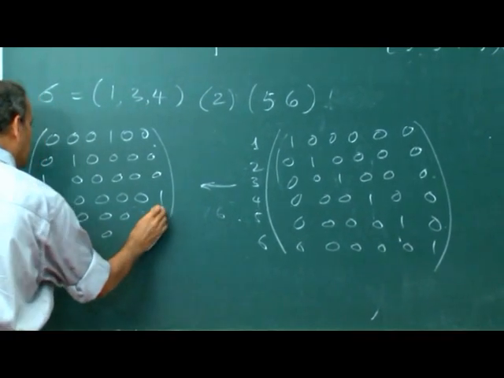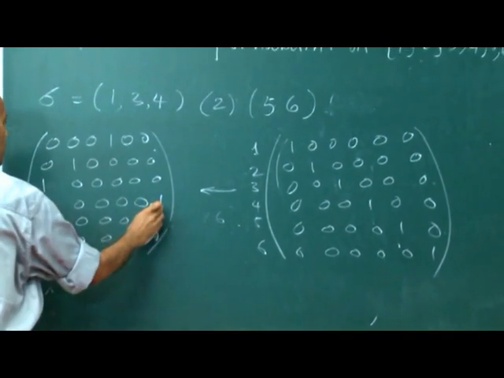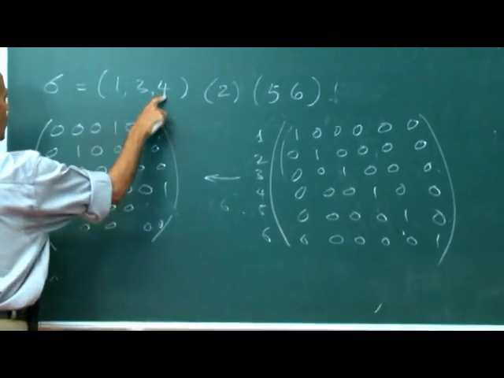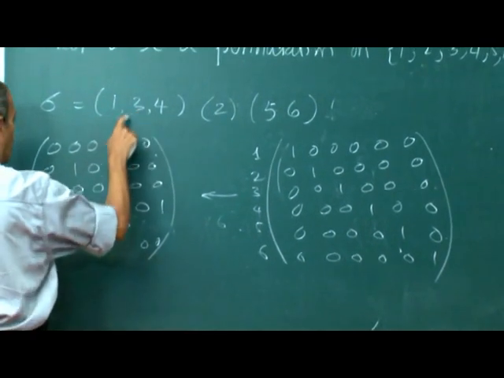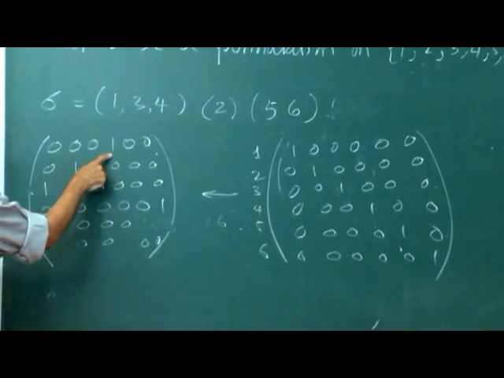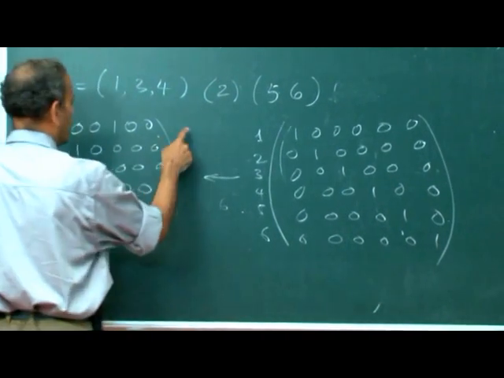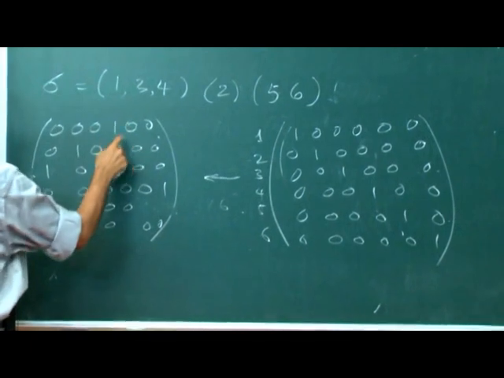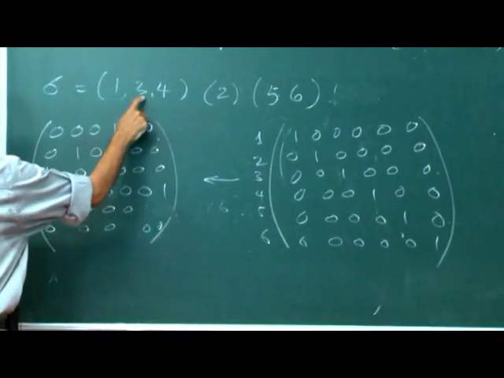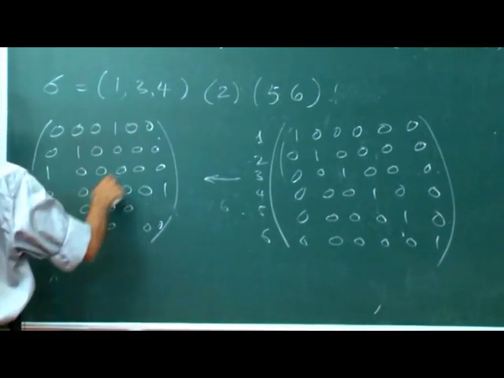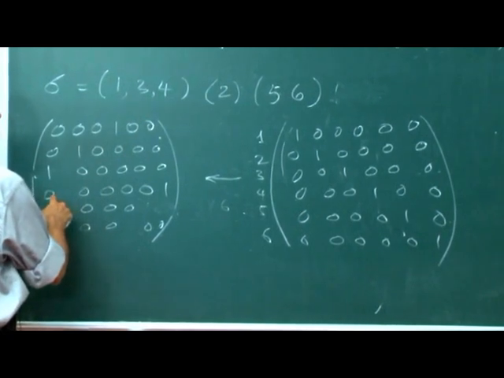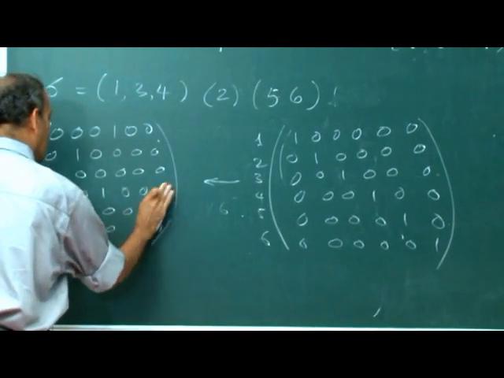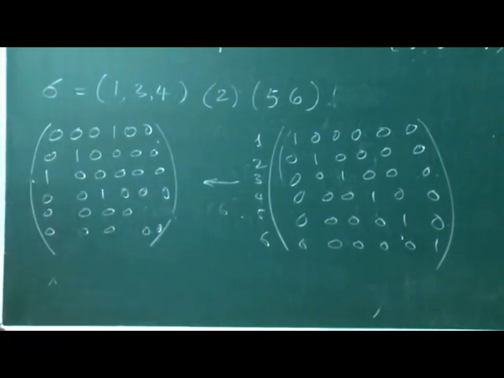So this should be 1 going to 3. So row number 4 to 1. So fourth will be there. Then 2 is fixed. Then 1 is going to 3. Then 3 is going to 4. Then 5 is going to 6.